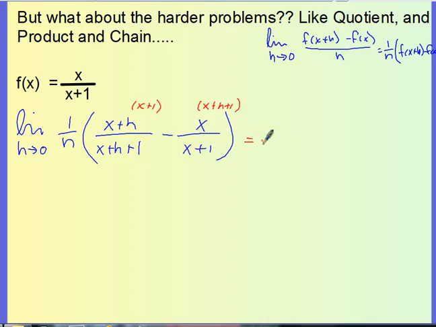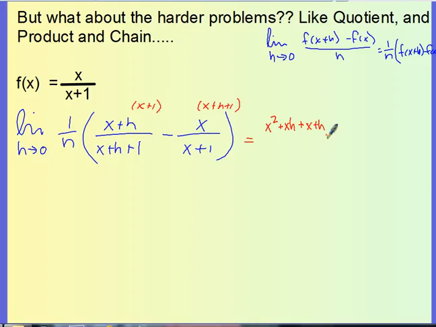Okay, so let's pay attention very carefully here. On the top, x plus h times x plus 1. What is that going to give me? X squared plus xh. Wouldn't it be another xh? Because it's x times x, x squared, x times h, which is xh. Now, plus x plus h, my bad.